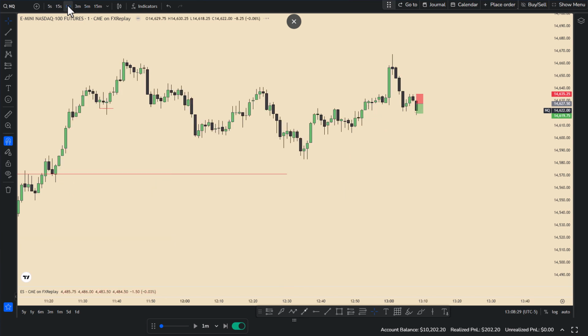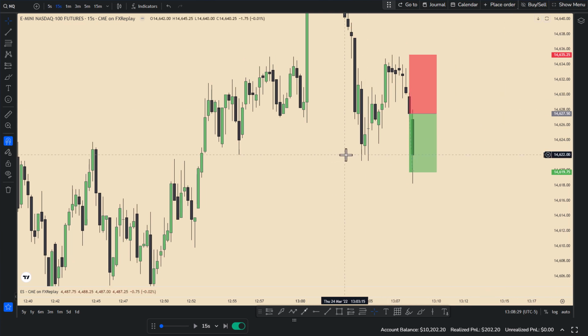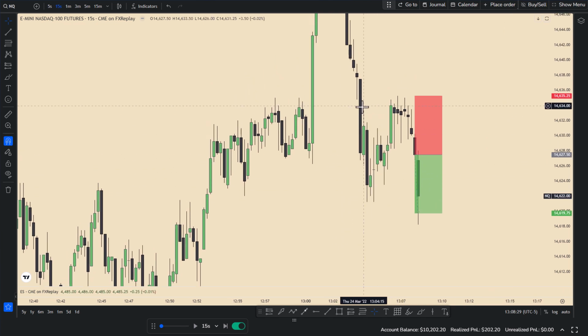So the same thing happened here. We swept this low, right, and we have that textbook market structure shift, right, but we know that that sweep right here could be only a retracement to the recent zone, the recent block, or the recent imbalance, also imbalances.